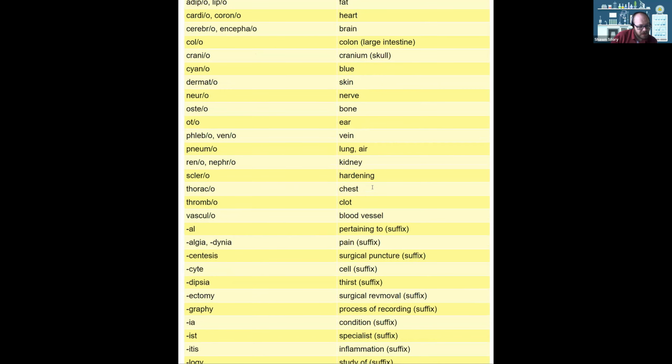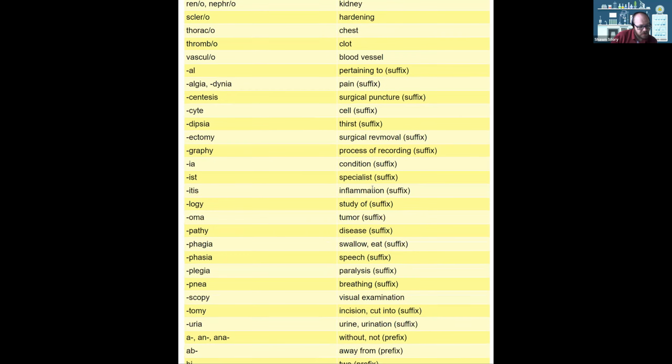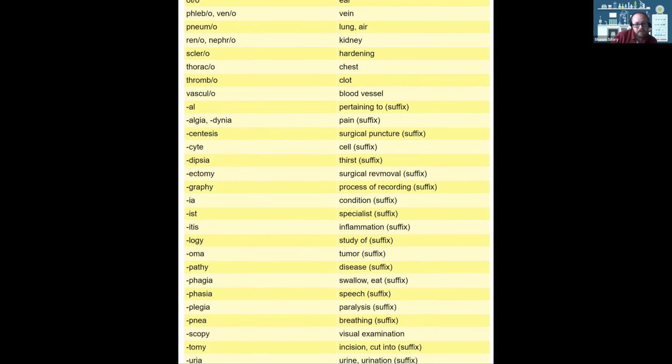Let's see what else we got, all the way down to here. Here's some other ones. What else haven't we talked about before? Oma, I think, is a new one. So anything that's related to a tumor will have oma. We did talk about phasia, the swallowing. Phasia, speech, paralysis, kind of a little bit.